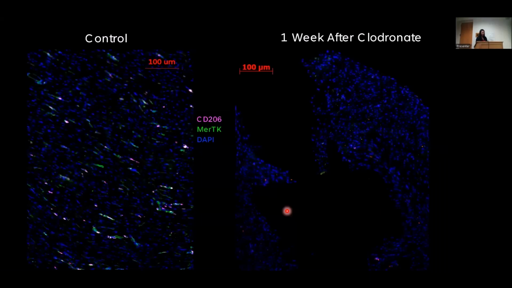And this is actually mouse heart tissue, but this is an example of 1 week after clodronate, staining for CD206, which is another macrophage marker, and MERTK. And so at 1 week after clodronate, there are much fewer identifiable macrophages in this stain.